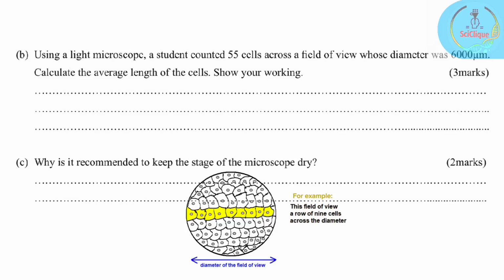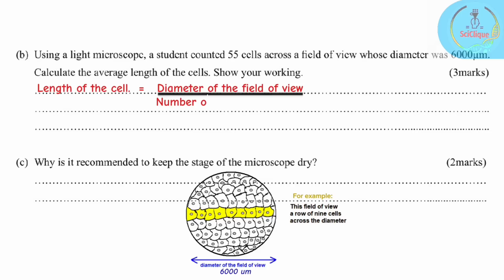So we're being told that when a student looked through the eyepiece, they were able to see 55 cells across the diameter. From that point up to that point, there were 55 cells. Now, the actual diameter of the field of view is 6,000 micrometers. So if we want to calculate the average length of one cell, what are we going to do? We are simply going to take the diameter divided by the number of cells, and this gives us 109 micrometers.